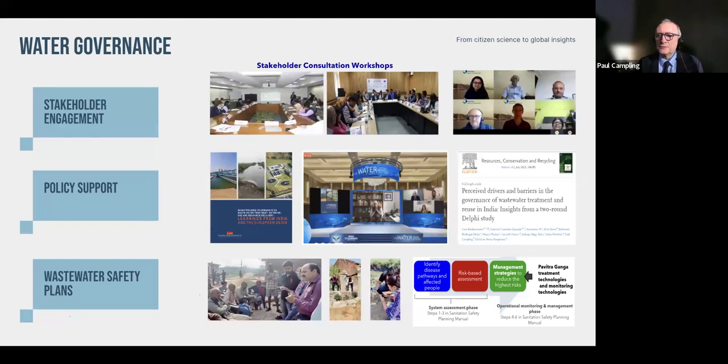And again, this is where the citizen-based science work comes in, because we're looking to see how villages are impacted by the use of partially treated wastewater for irrigation in their areas. So that is the third important activity. And then if we go to the next slide.